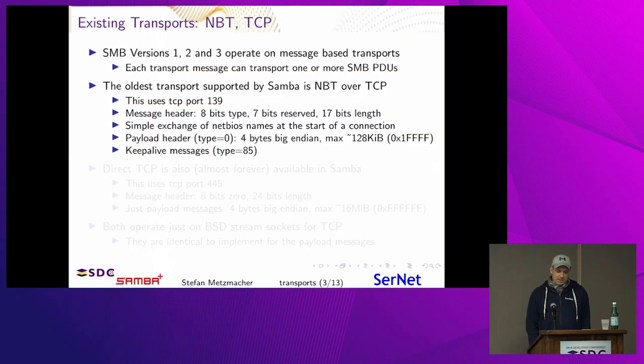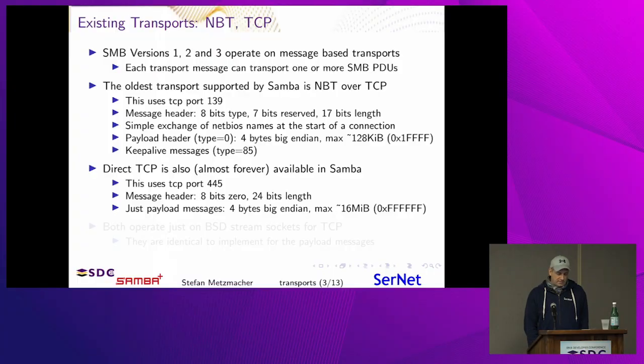So basically, with all the reserved bits also 0, we have 17 bits of length, which is up to 128K. And there's also a keep alive message in the protocol with type 85.